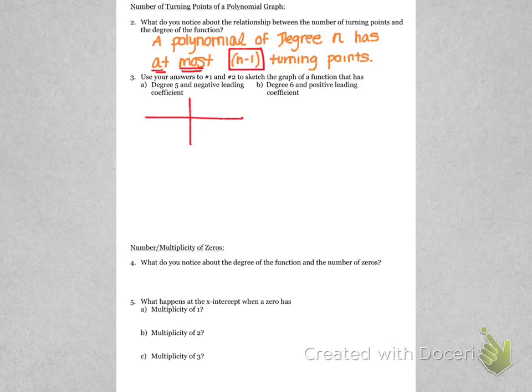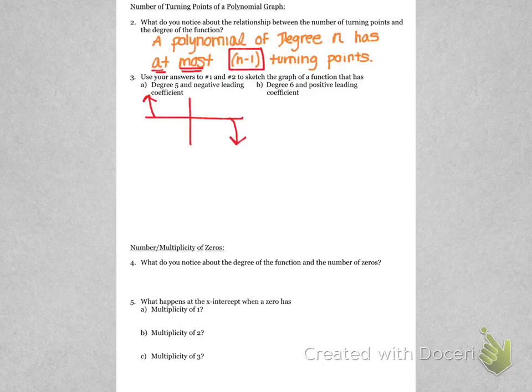If it's a degree of 5, it means it's an odd degree. So for number 1 on that paper, we're looking at part A and B. Since it has a negative leading coefficient, that means as we go to the right, it's going to end down. And as we go to the left on the x-axis, it's going to end up.